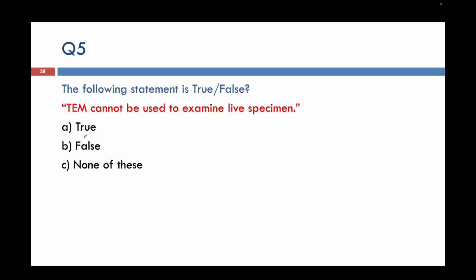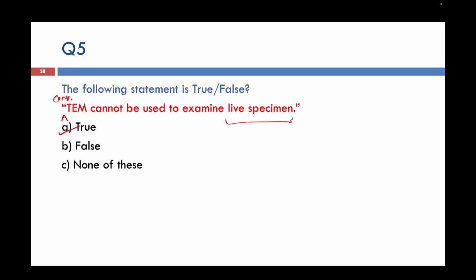The following statement is true or false. TEM cannot be used to examine live specimen. True, false, none of these. The TEM I am talking about is conventional TEM. Can anyone answer? True or false? True, sir. True. Okay. So conventional TEM we cannot use for live specimen. For that we need a separate TEM, because live specimen means it's a biological sample.